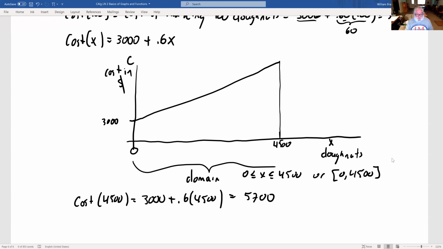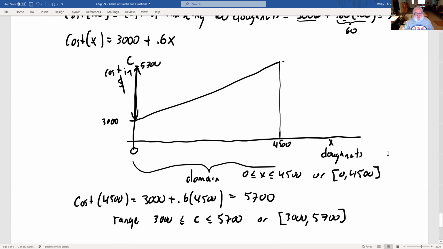And so that's our maximum cost. So what's our range? Well, we can spend anywhere from $3,000 to $5,700, depending on how many donuts we make.